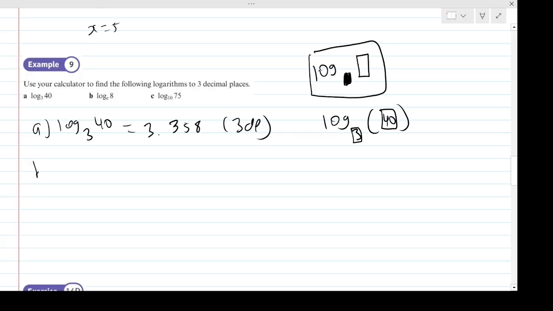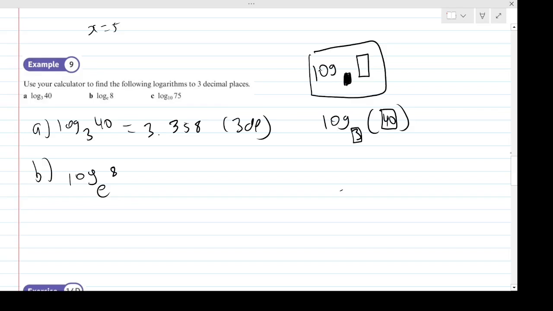If I do the same for part B, log base e of 8. Again, e is just a number. E is next to the ON button, the same place where you press pi. Pi is in yellow, e is in red, the alpha mode.